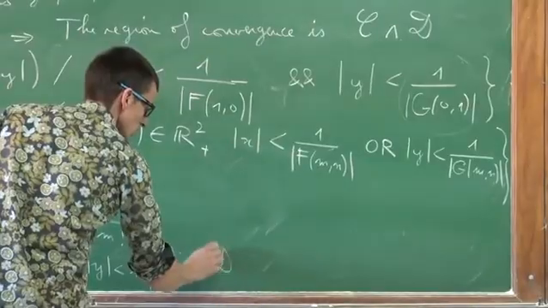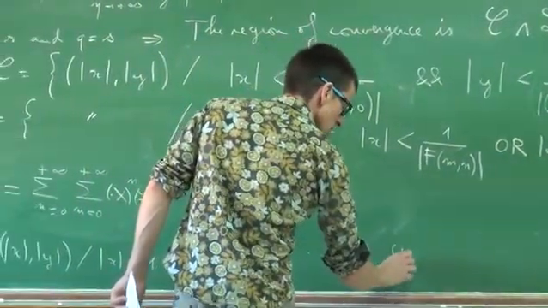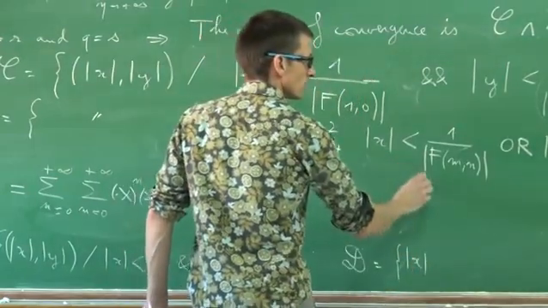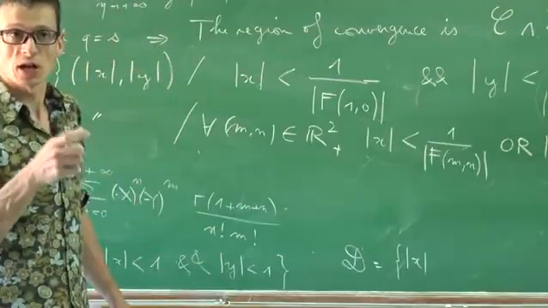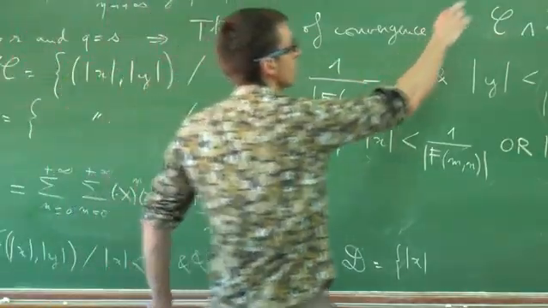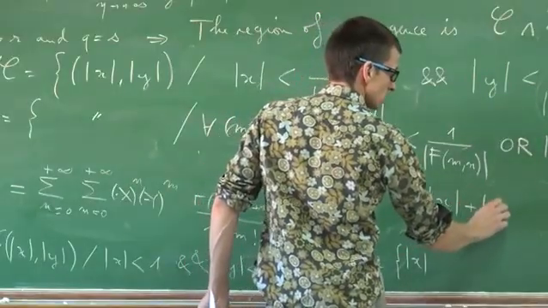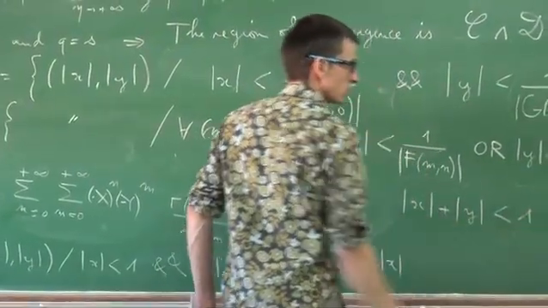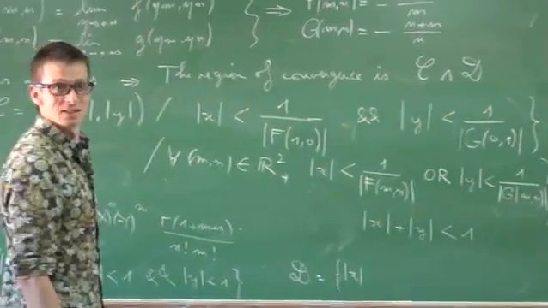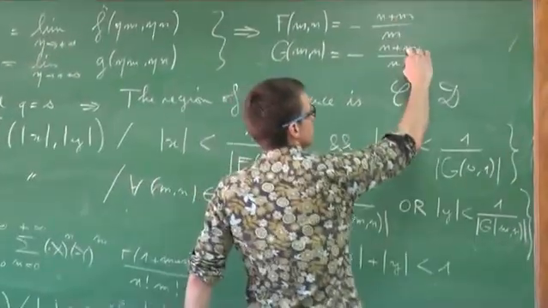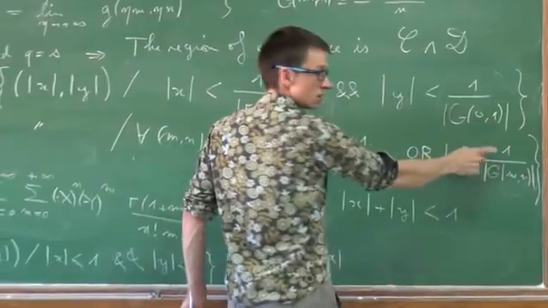And d is in fact this, and this and this may be checked together simply by adding both. You get x plus y less than 1. You see, because I invert this because they are 1 over in each case.